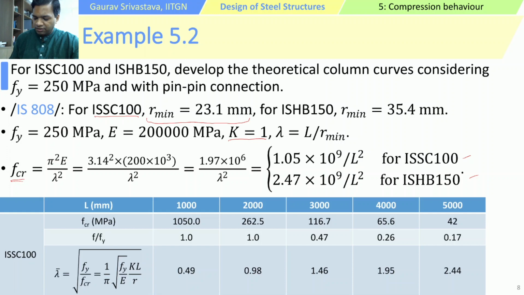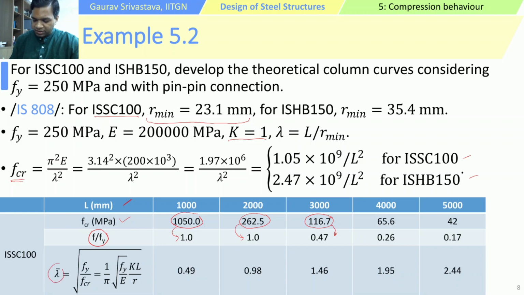So now again, for different values of length, we can calculate the critical buckling stress, right? And then we can calculate the failure stress divided by Fy. If the failure is governed by yielding, as in this case, it is just 1. But beyond that, it is governed by buckling, so this is now 116.7 divided by 250, that is 0.47.